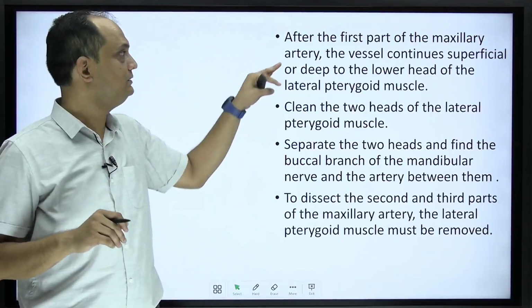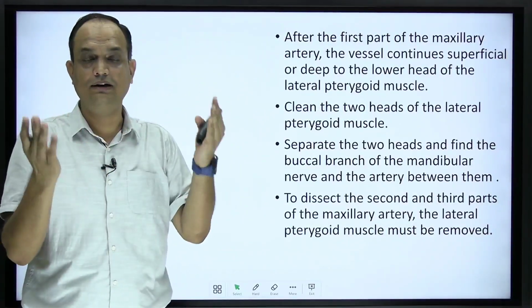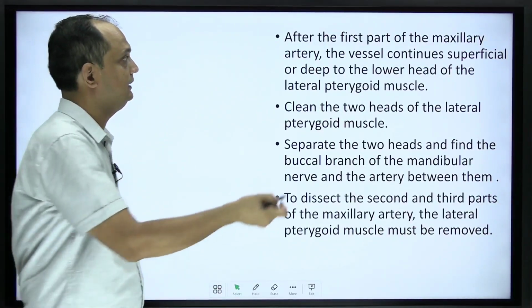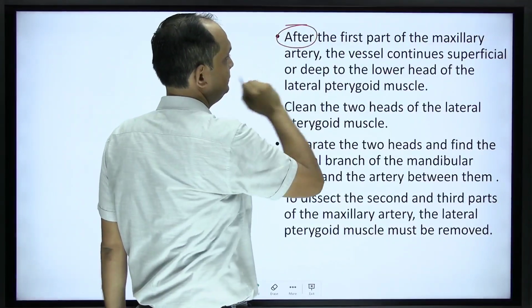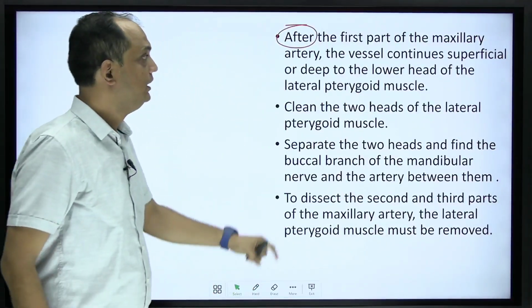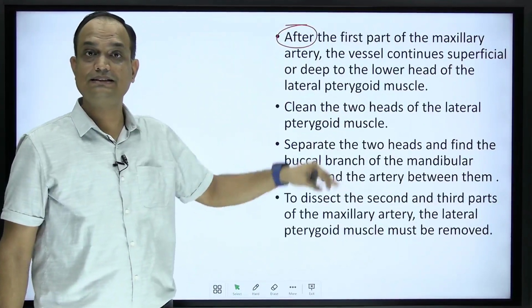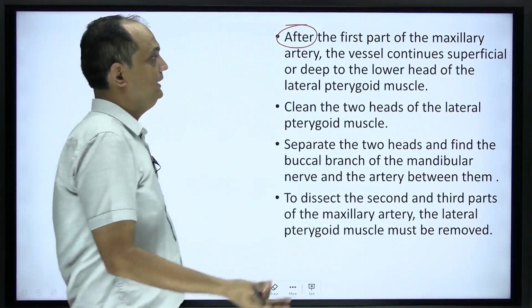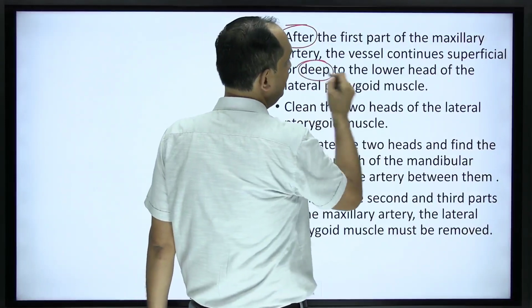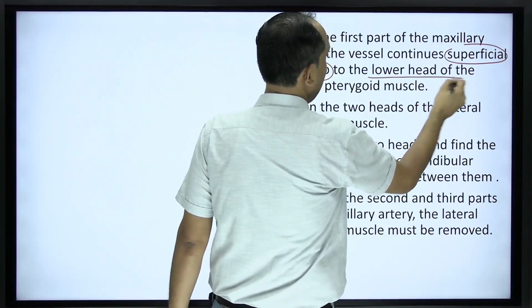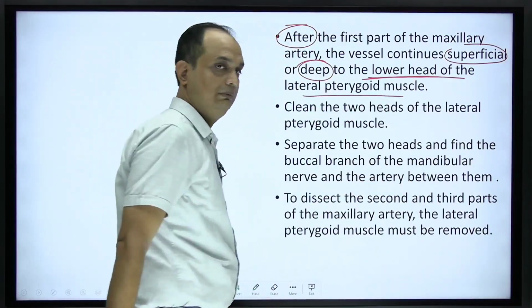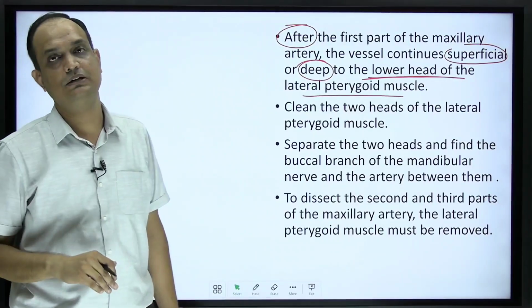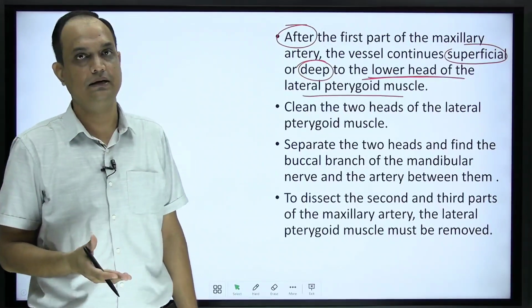Now once you have done the dissection of the first part, after cutting or identifying the branches of the first part of the maxillary artery, you now have to trace the main maxillary artery, and you will find that it may be superficial or deep to the lower head of the lateral pterygoid muscle, and that area is known as the second part of the maxillary artery.